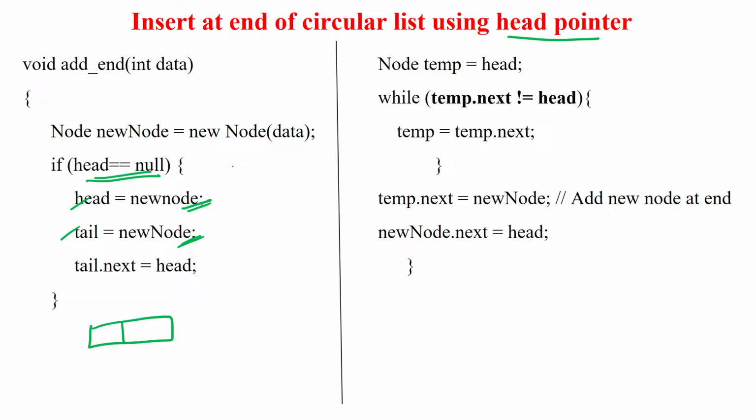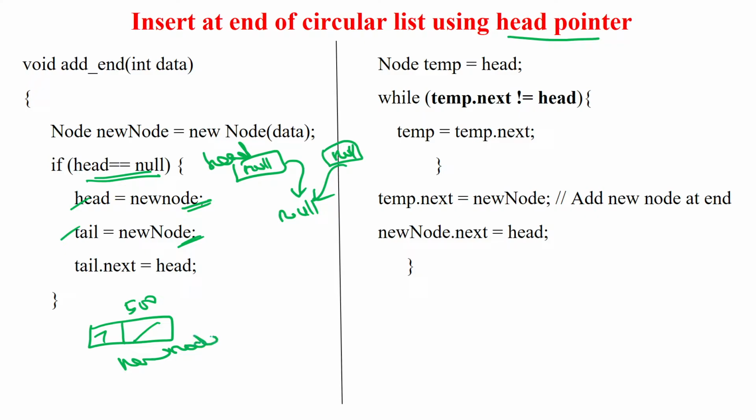So the head pointer will be written as 500 and the tail also will point to the new node, so this also will be 500.